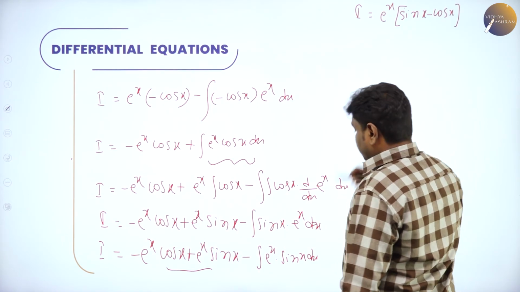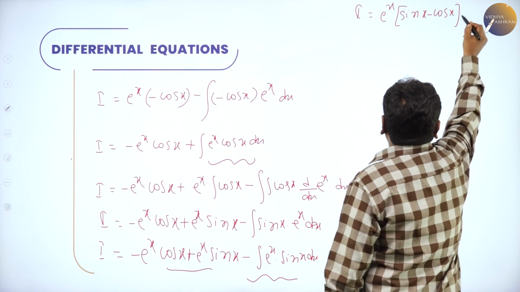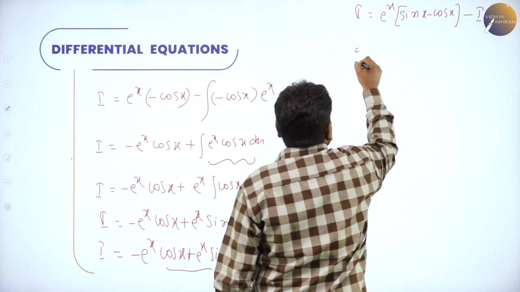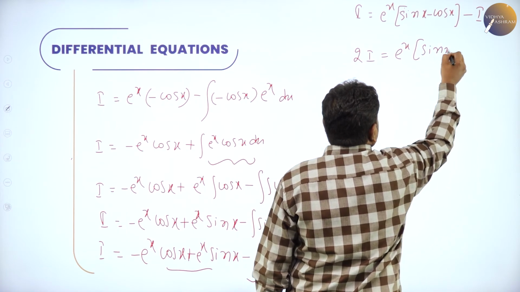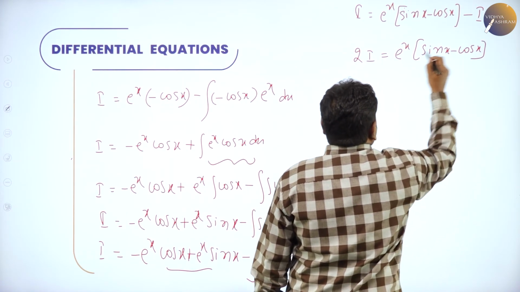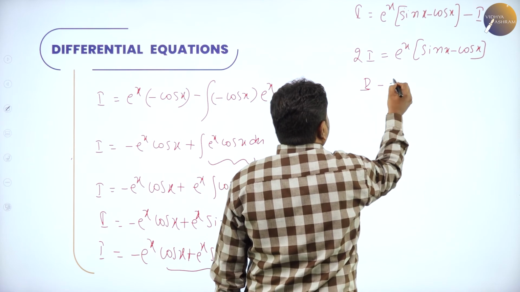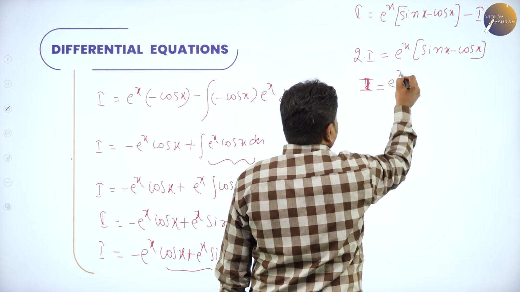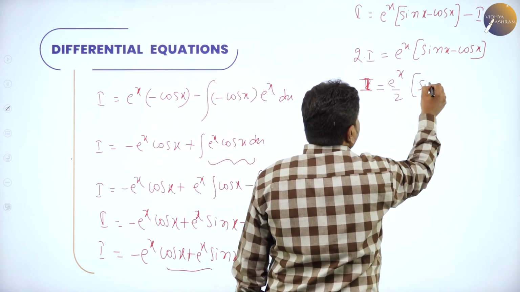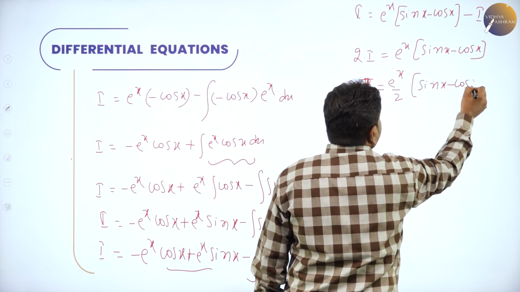Then this remaining term is the given problem, minus I. Bring minus I to this side, it will come as 2I. 2I is e power x into sin x minus cos x. And I is equal to, transferring 2 to this side, e power x by 2 into sin x minus cos x.